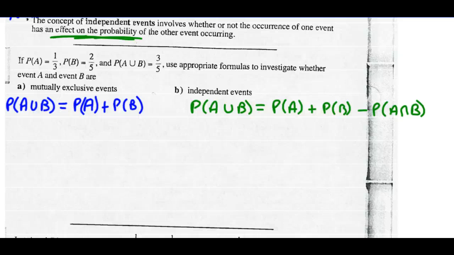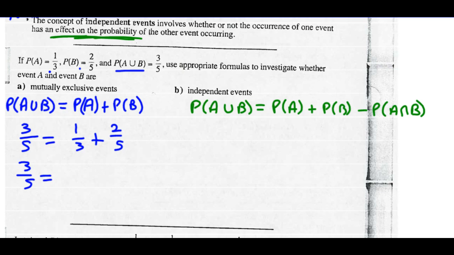So let's do part A. Let's see if these events are mutually exclusive. Let's substitute the things we know. Probability of A union B is 3/5. Sorry, that should equal probability of A, which is 1/3, plus the probability of B, which is 2/5. So does 3/5 equal 1/3 plus 2/5? Well, let's work that out. Get a common denominator.